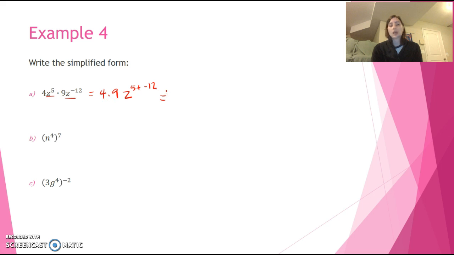So 4 times 9 is going to give us 36. And then 5 plus the negative 12 is going to give us a negative 7. So we're going to have 36z to the negative 7. Now, this is not simplified because we have that negative exponent from that last video, and so my z to the negative 7 is going to move into the denominator. So we'll end up with 36 over z to the 7th power. And so then that will be our simplified form for the first one.